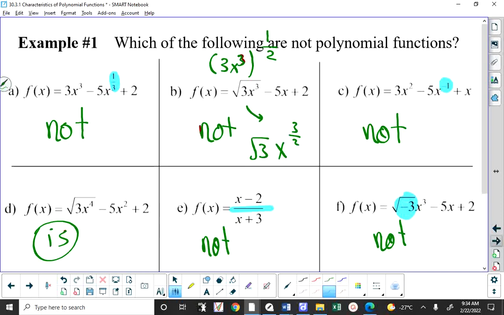It's fractional. If we do the same thing here, this is going to become root 3, x to the 4 raised to the half. And when you multiply those exponents, because that's what you do when you have a power of a power, you're going to get 4 times a half, which is 2. So this becomes root 3 x squared.